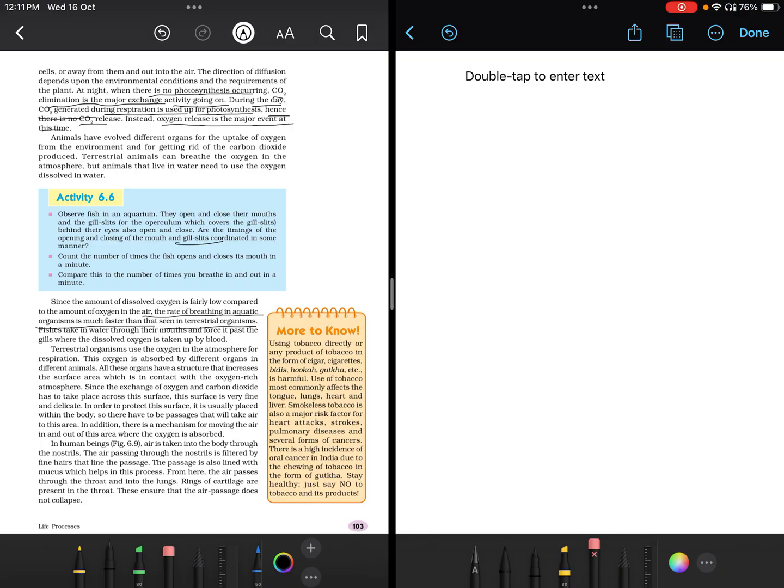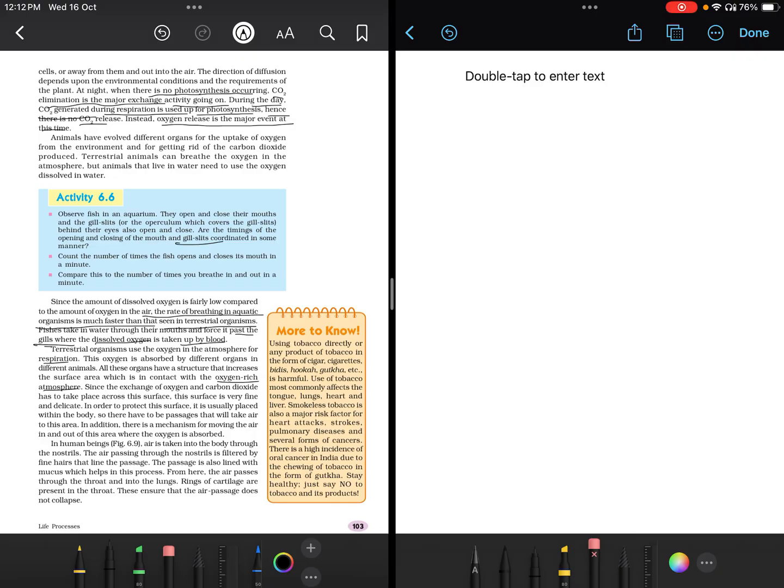Fishes take water through their mouth and force it to pass through the gills. Fishes have gills, which you have to remember as a respiratory organ. Dissolved oxygen is taken up by the blood. Terrestrial organisms use oxygen in the atmosphere for respiration, as we have already discussed. This oxygen is absorbed by different organs in different animals. All these organs have a structure that increases the surface area in contact with the oxygen-rich atmosphere.